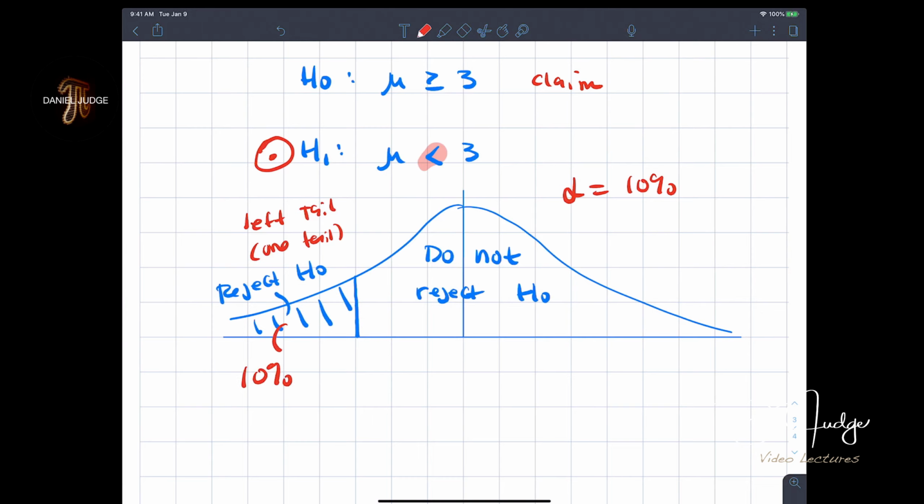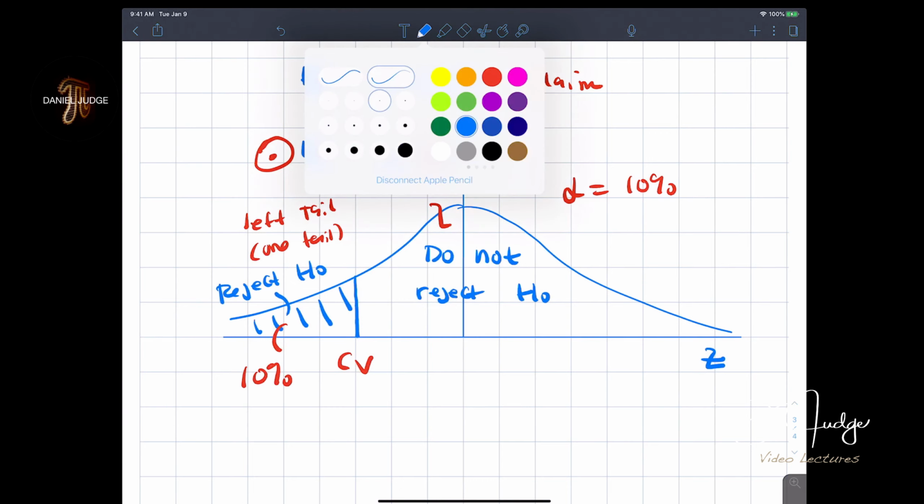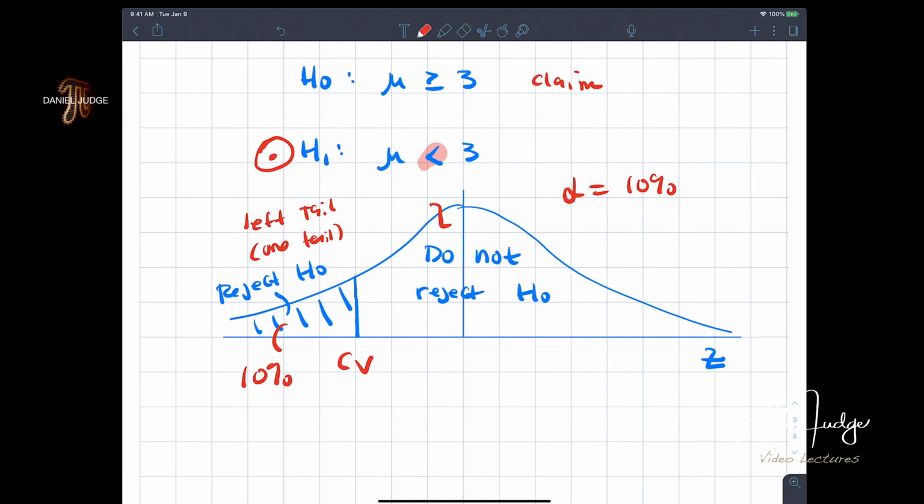It's all in the left tail. There's not two tails here. There's only one tail. So put all of that in one tail. Now, that's important because we're going to try to find a critical value. And if you guys remember, this is going to be a z-value here for this. So if 10% is in the tail there, that means this is 40%.